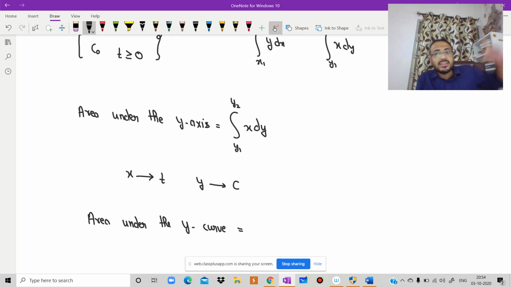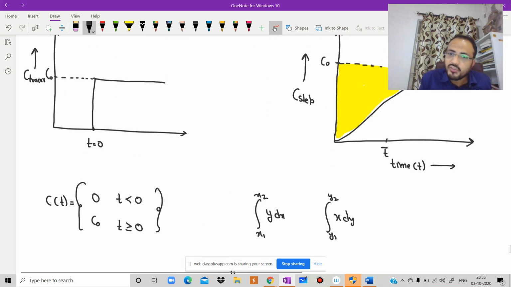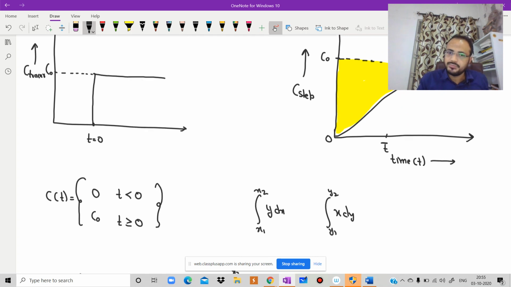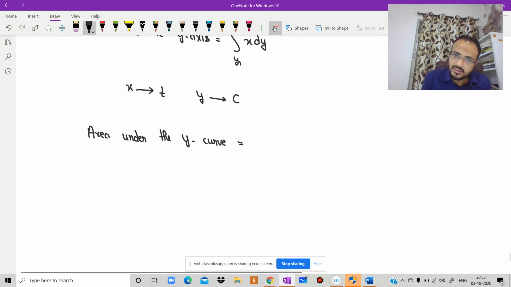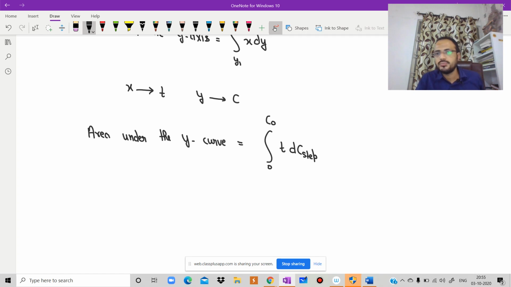the limit in the pulse case was 0 to infinite, but here it is not possible. How is it possible that the concentration is infinite? So it will go from where to where? From 0 to C node. So you will get 0 to C node. Yes or no? Here x is time and our C is C step, so dt step. Yes or no?